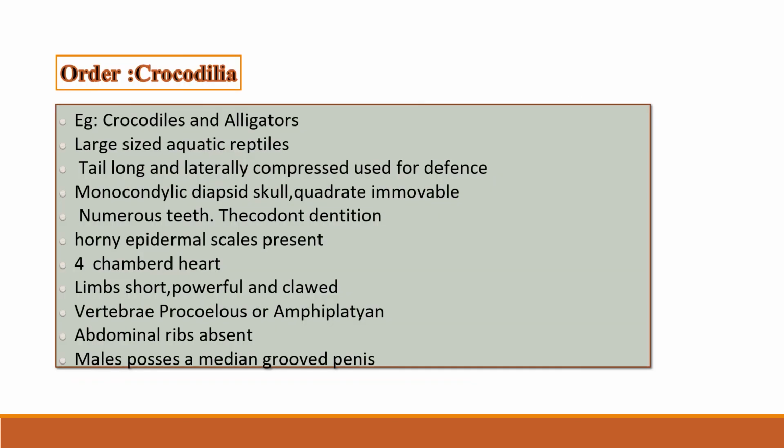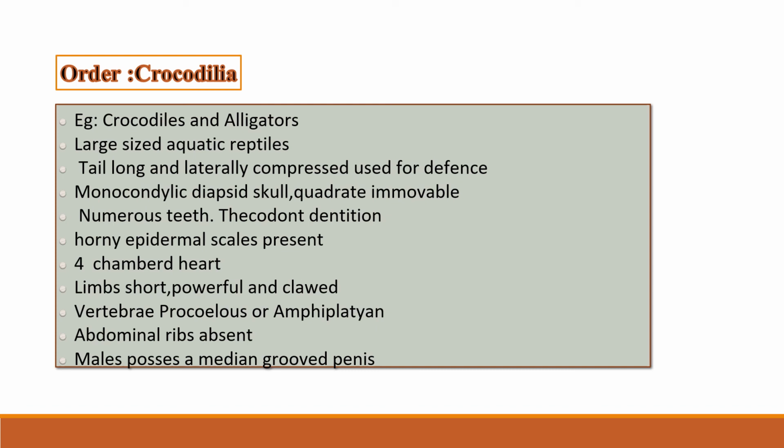Order Crocodilia includes crocodiles and alligators, which are the largest living reptiles, carnivorous and predatory aquatic organisms. They have a four-chambered heart, muscular diaphragm, thecodont dentition.